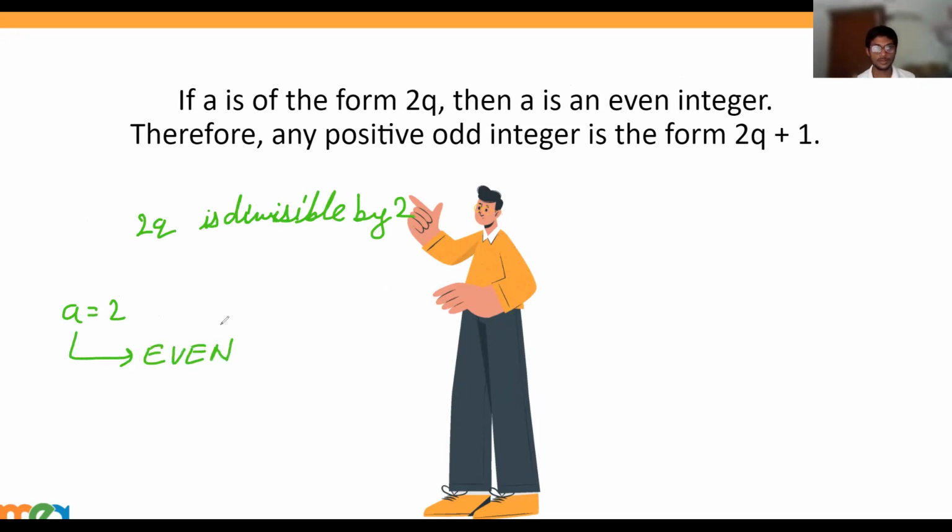Therefore any odd positive integer will be of the form 2q plus 1. So hence we proved it using Euclid's division algorithm.